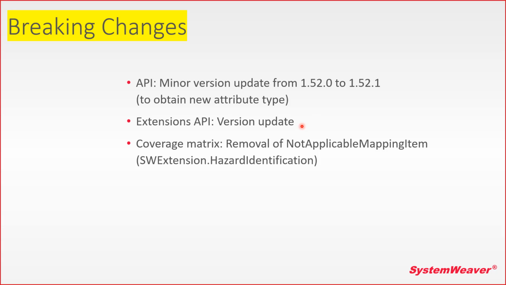We updated the extensions API, and so it requires that you recompile all of your in-house developed extension views. And if you're using the coverage matrix view in the hazard identification extension, then you're going to possibly need to redo your non-applicable part of the configurations.